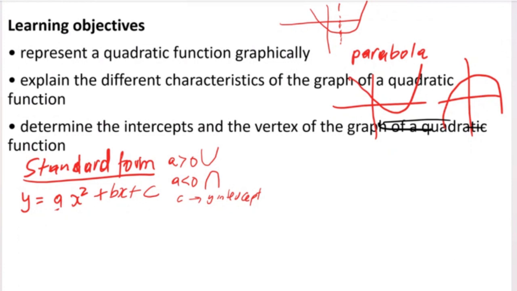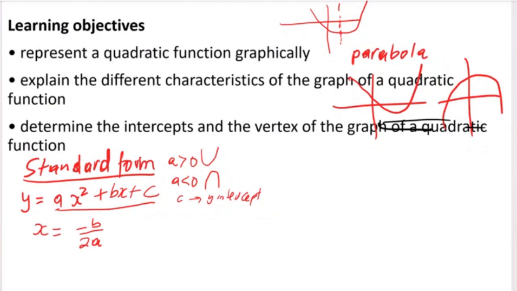Also, you can get the axis of symmetry if you are given a quadratic equation in this form. The formula for the axis of symmetry is x is equal to minus b over 2a. These are the things that you need to remember when you are using this.